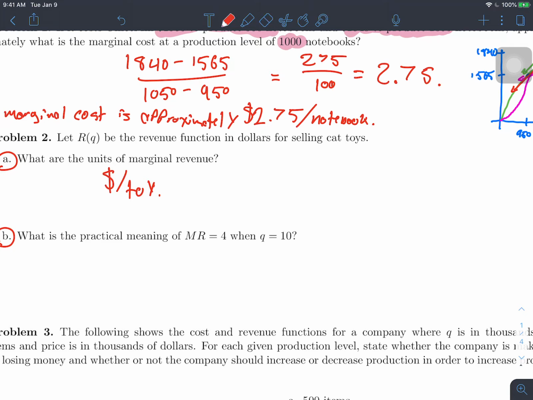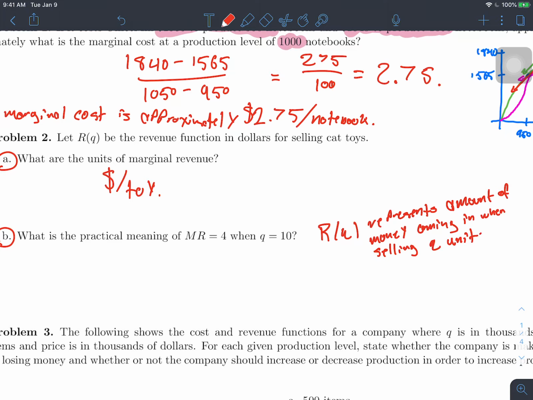The way I'll write it is, R of Q represents the amount of money coming in when selling Q units.